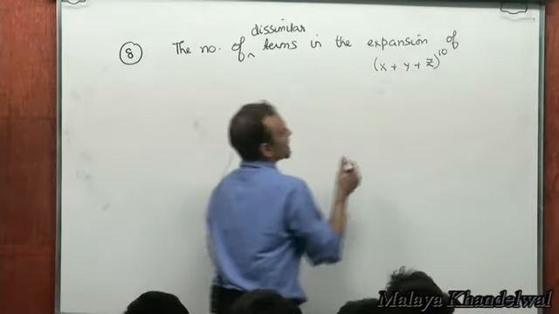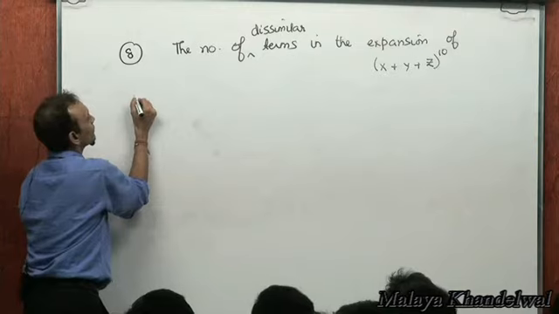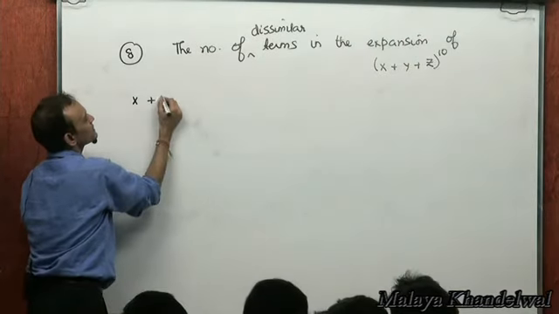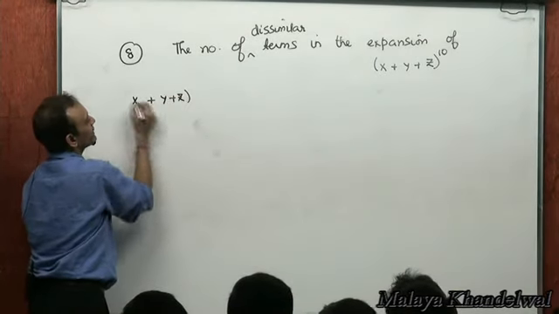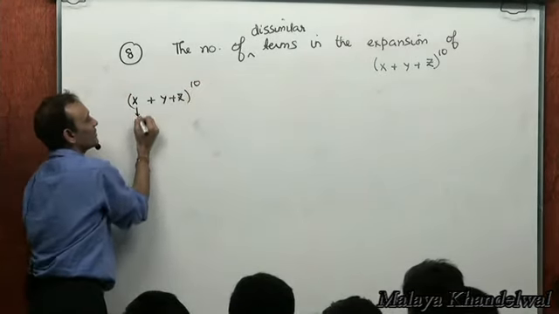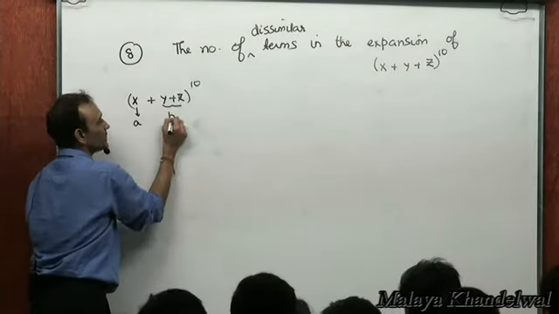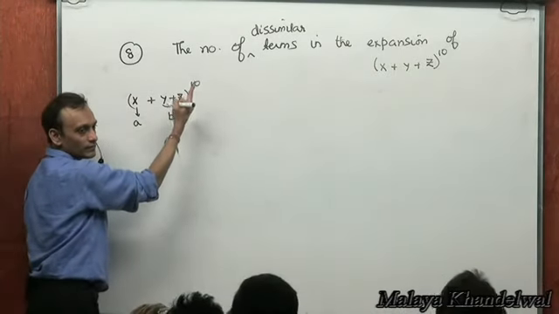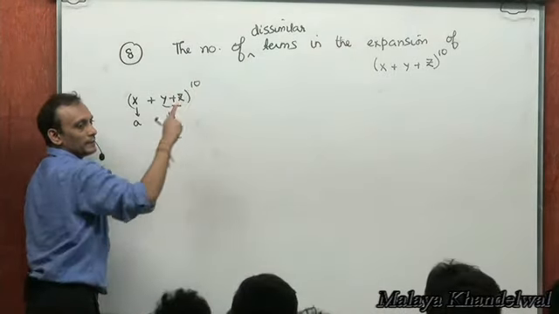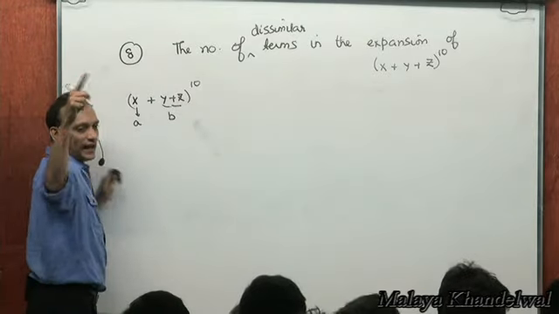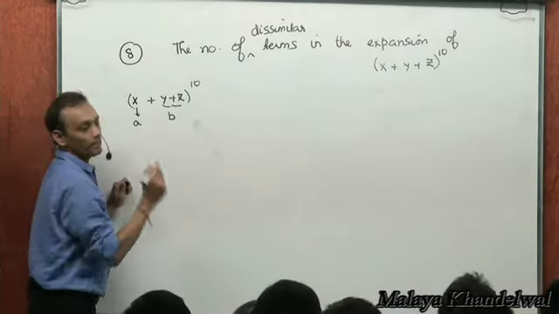Hey, I could have expanded x plus y plus z whole to power 10 as follows. This has sum a, this has sum b. So a plus b to power 10, which would be a power 10 plus nC1 a power 9 b and so on and so forth, right?